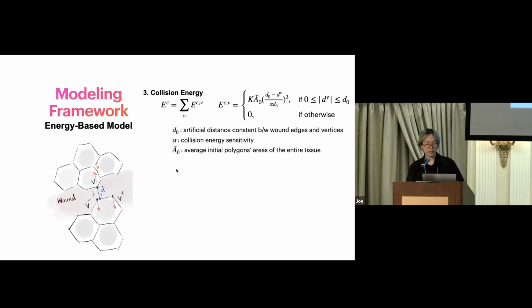If it's within some distance, D naught, then the energy is going to be there. The system wouldn't want that to happen, so it's going to bounce back in the normal direction to that edge.